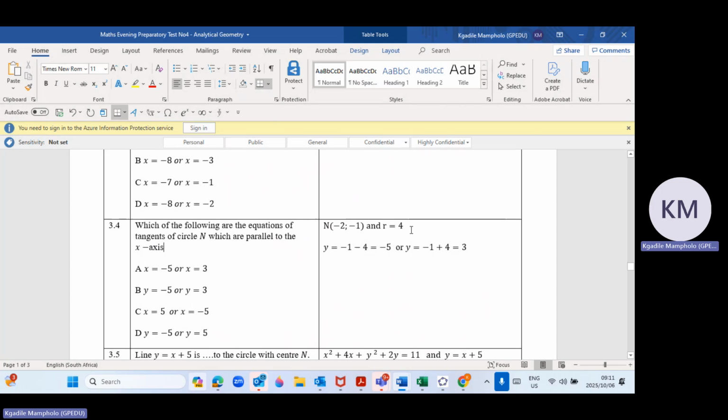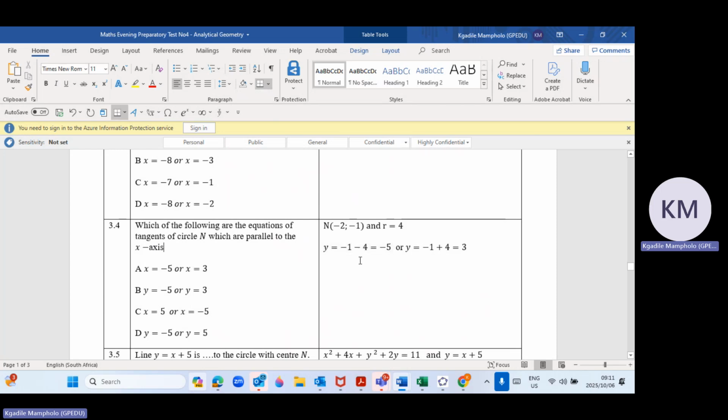So for circle N, the radius is 4, and the center is (-2, -1). Because we want the horizontal tangent, we will use the y value and the radius. When you count downwards, we'll say negative.